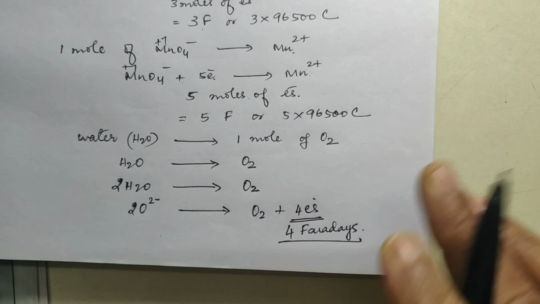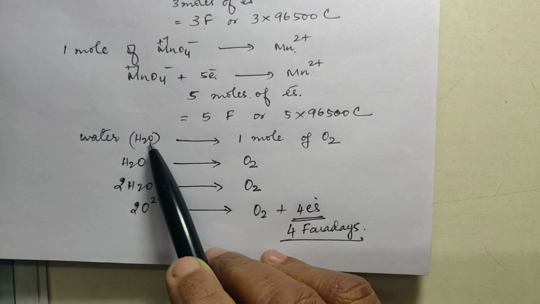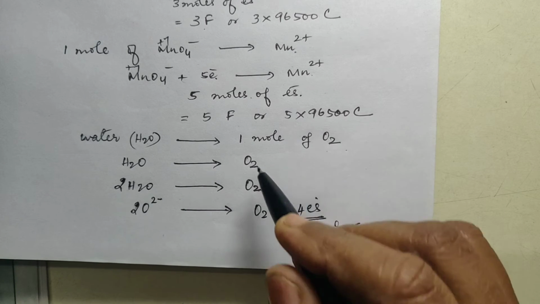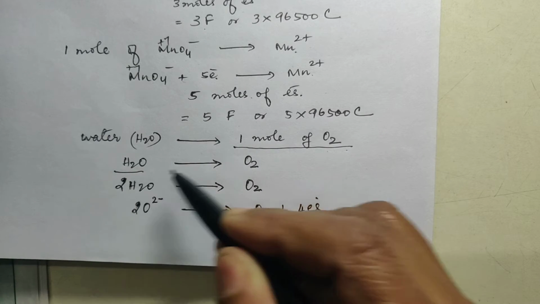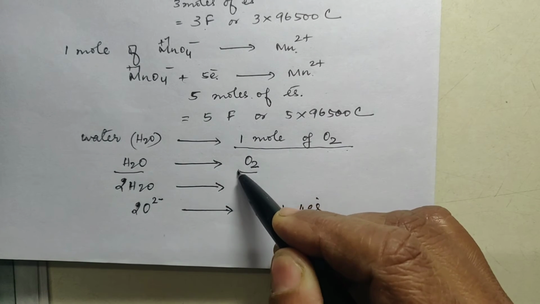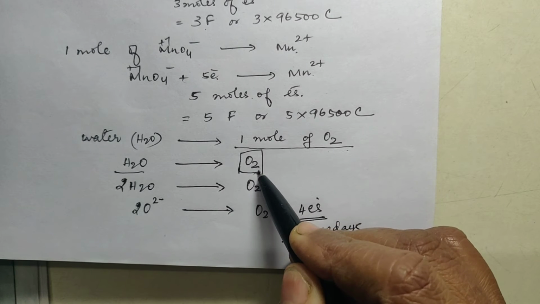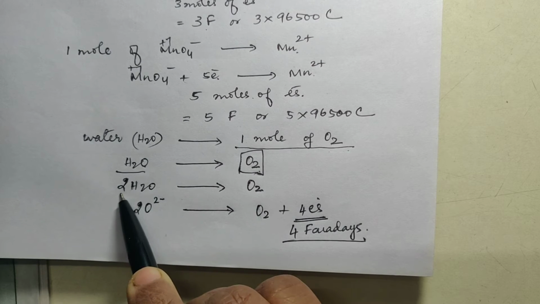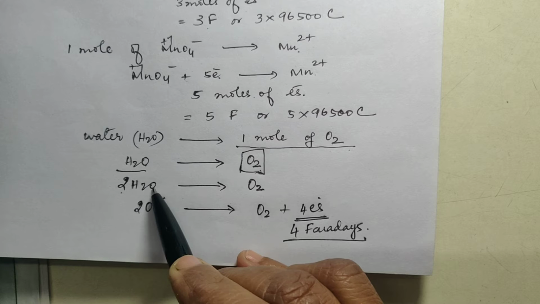Say water is oxidized to 1 mole of oxygen. He has given you 1 mole of oxygen. That means water to O2 is needed. If O2 is needed, 1 water will not give it, only 2 water will give it, because you want 2 oxygen atoms, and 1 water has only 1.